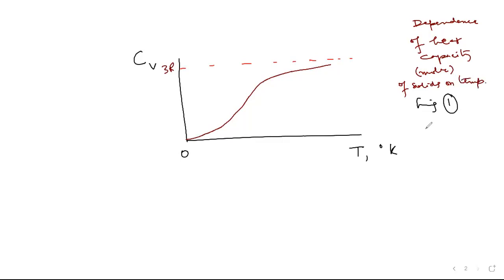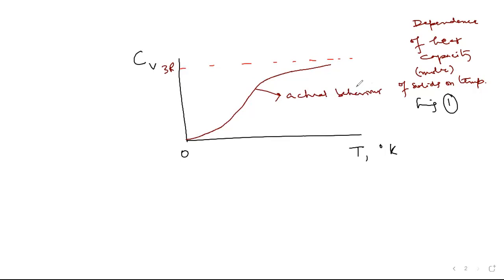It is the dependence of molar heat capacity, more specifically, molar heat capacity at constant volume of solids on temperature. So we are plotting CV versus T. T is absolute temperature in degree Kelvin. CV is molar heat capacity at constant volume. So this is the actual behavior, right?